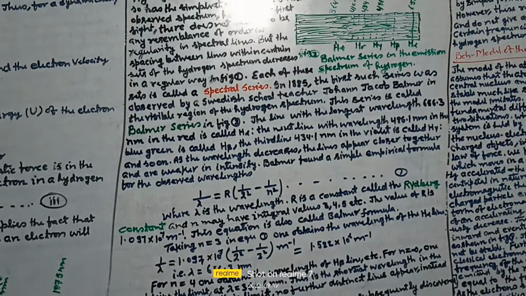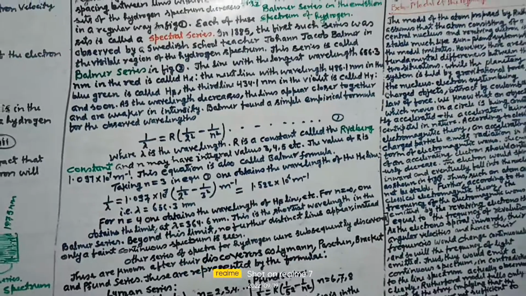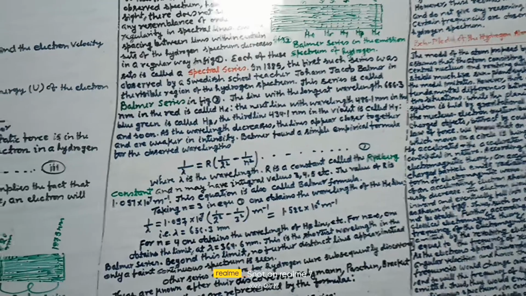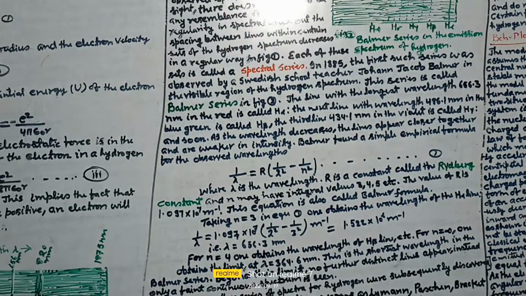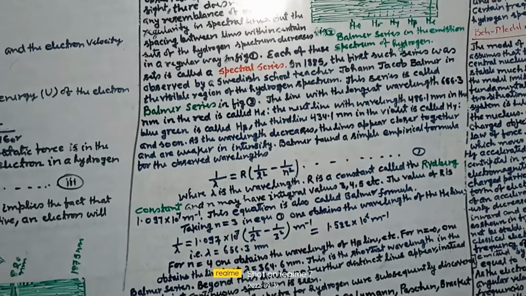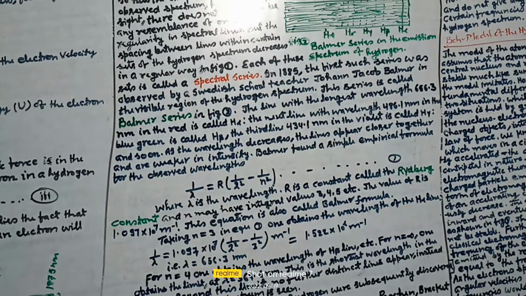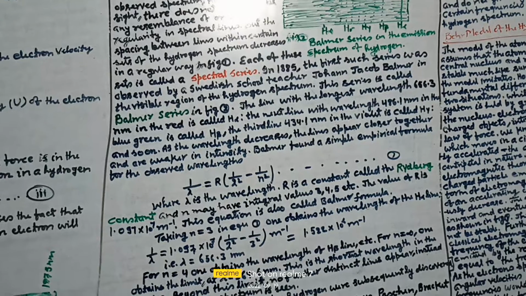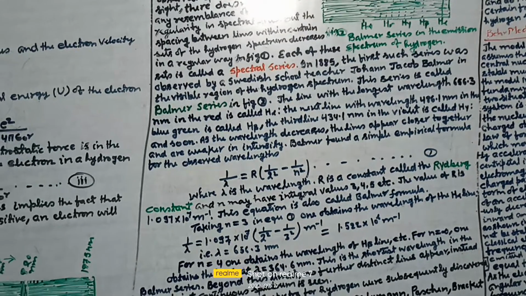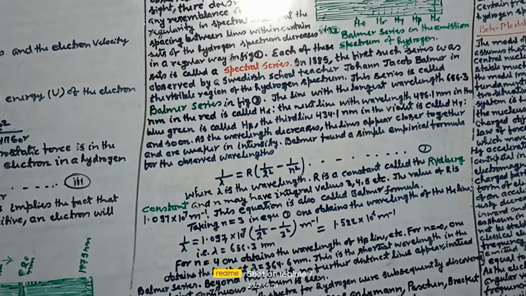Taking n equals 3 in equation 1, one obtains the wavelength of the first line. 1 by lambda equals 1.097 times 10 to the power 7, 1 by 2 square minus 1 by 3 square, meter minus 1, equals 1.522 times 10 to the power 6 meter minus 1. It means lambda equals 656.3 nanometer.